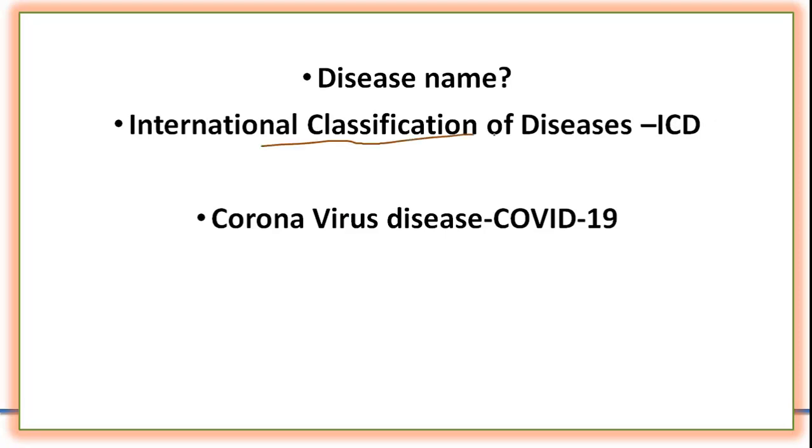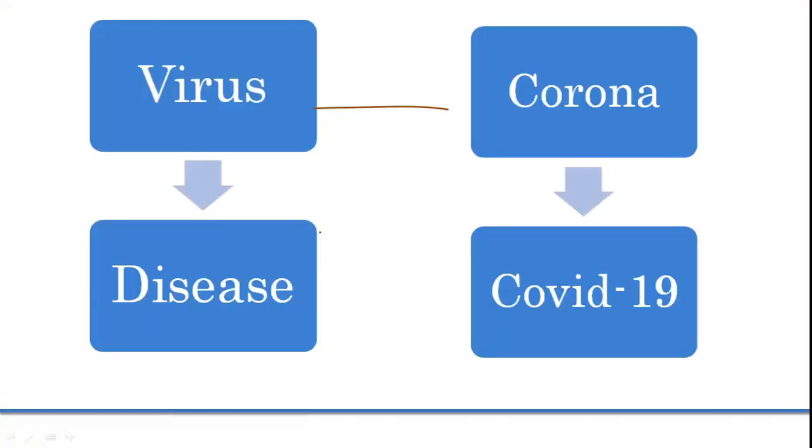Now this is very important, ICD. It is International Classification of Diseases. So they termed the coronavirus disease as COVID-19, and this is going to be your question in your exam. So in short, remember the virus is corona and the disease which is caused is COVID-19.